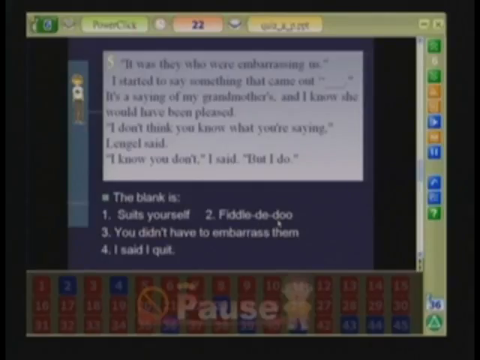Fiddle-doo is the expression that Sammy's grandmother used when she wants to scold him and said that he is talking nonsense. Okay, so he uses the grandmother's term. And then he said, I know she'll be very pleased. Okay, so fiddle-doo. But then fiddle-doo actually doesn't mean anything. So when Sammy says that to Lengel, he isn't really able to be articulate.